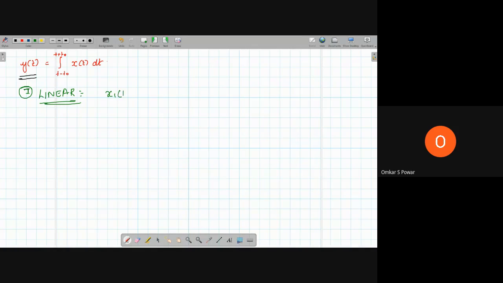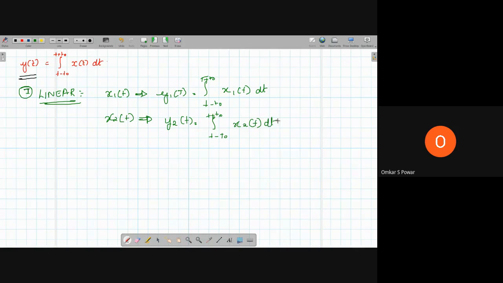Let x1 of t, then what will be your y1 of t? Integral from t minus t naught to t plus t naught of x1 of t dt. But if it is x2 of t, then what will your y2 of t become? y2 of t is equal to integral from t minus t naught to t plus t naught of x2 of t dt. Now x3 of t is equal to a into x1 of t plus b into x2 of t.